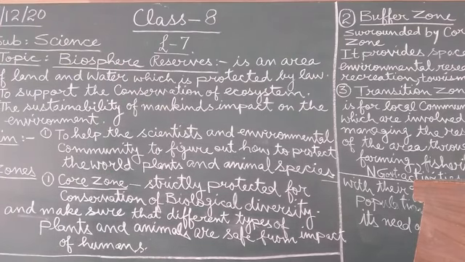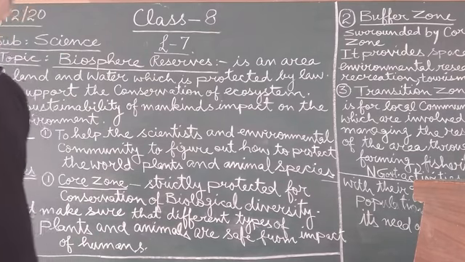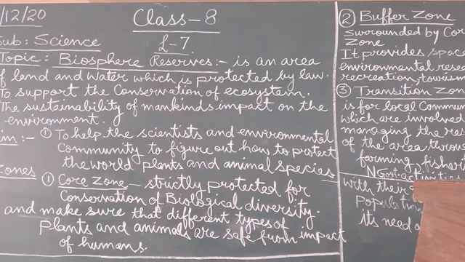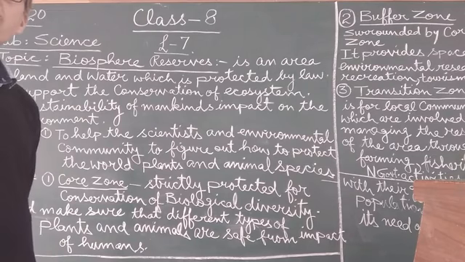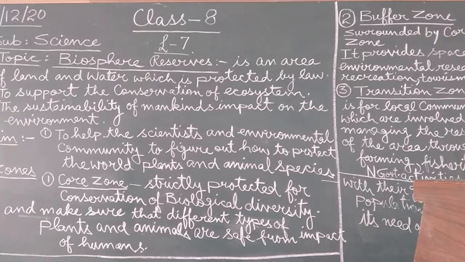So what is Biosphere Reserve? Biosphere Reserve is an area of land and water which is protected by law in order to support the conservation of the ecosystem as well as the sustainability of the mankind impact on the environment. So how will you tell what is biosphere reserve?